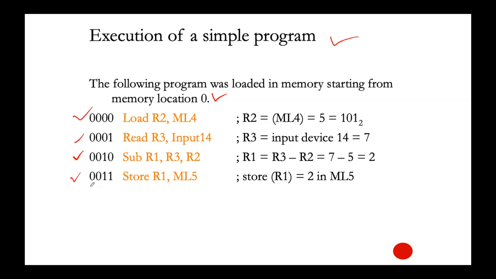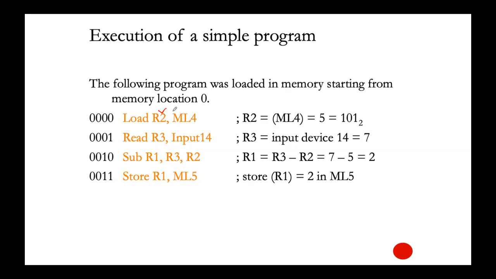In this program, the instructions are stored: the first instruction, the load instruction, is stored at location 0, the read instruction at location 1, the subtraction instruction at location 10, and the store instruction at location 11 in the main memory. And they have the operands also, the source and destination.